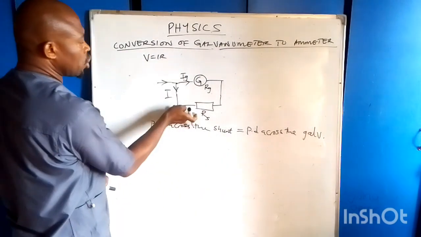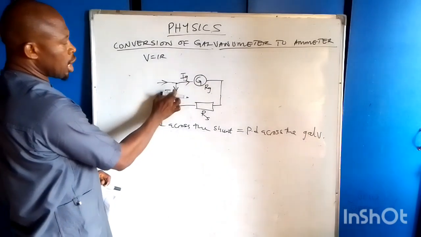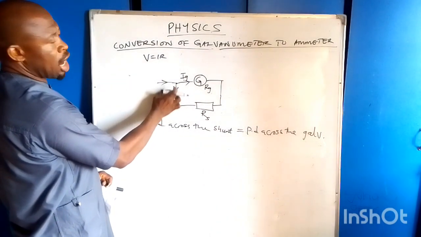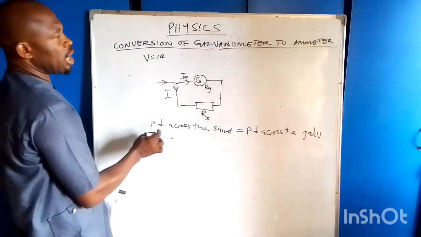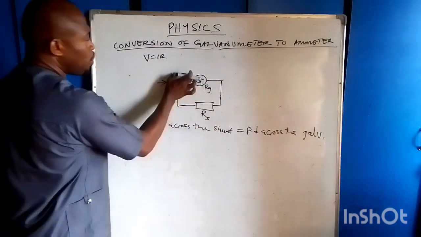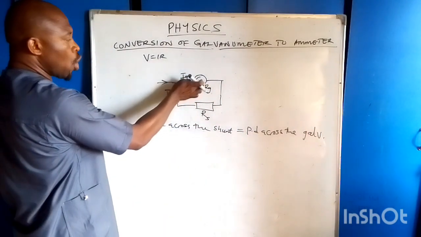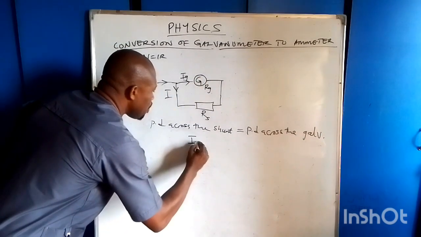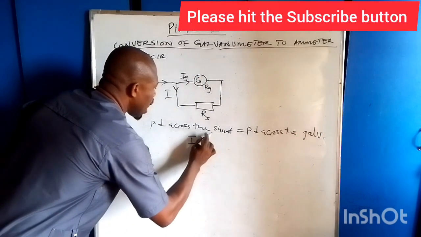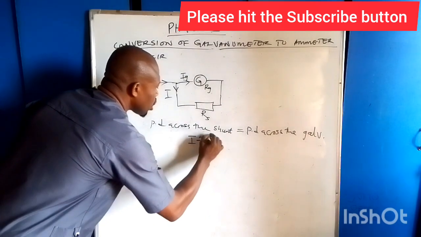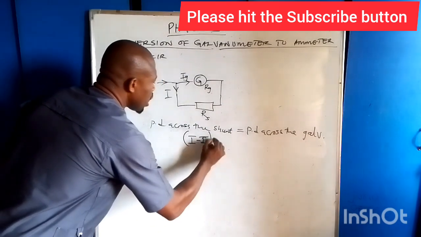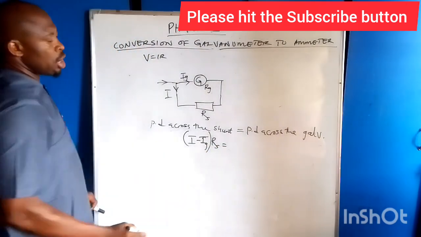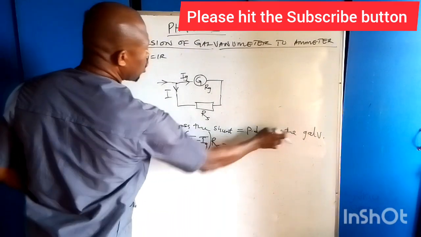Now the PD across this shunt is the current capacity of this converted galvanometer minus the current flowing into the galvanometer. So we now have I minus Ig multiplied by Rs, which is the shunt resistor, is equal to the PD across the galvanometer.